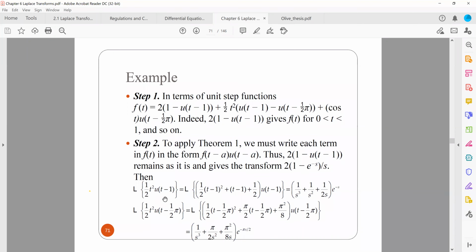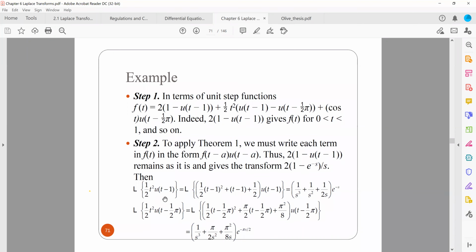That's where this t minus 1 comes from and this half comes from, because if you expand this, it should end up with only t squared. When we put it in this format, if you have 1 squared times u(t minus 1), then its transform is just 1 over s cubed. For this one, again, t minus 1, the transform is 1 over s squared, and then for a half it is 1 over 2s.